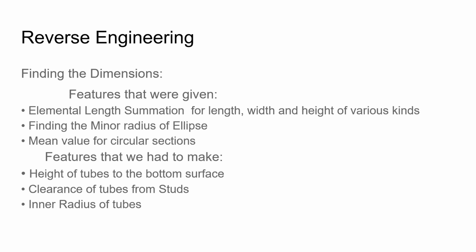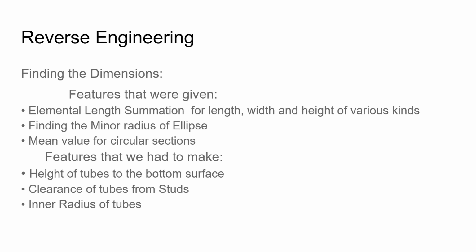The elemental length summation method was to basically add the distance between the nodes of the mesh and sum them up so as to get an idea of the value, because we expected an error, but that error would have been very small because our point of calculation was where the deformation was expected to be the least, which is at the base of the brick.